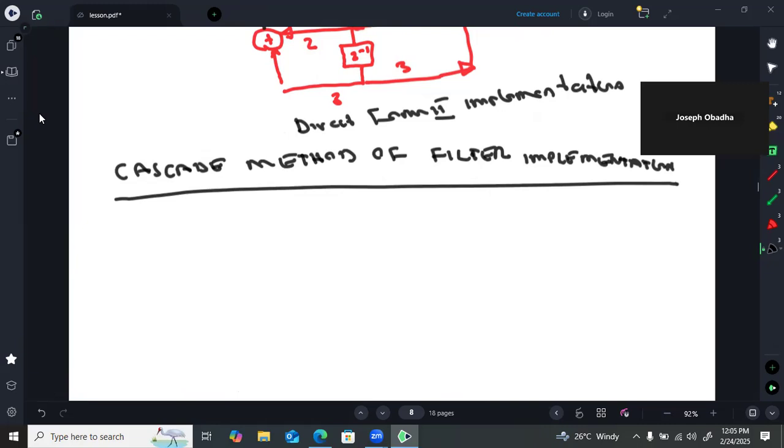And that's what we see here, that the method is simply a cascade of 2 structures. And those 2 structures are implemented in direct form 2. So let's look at this through an example.